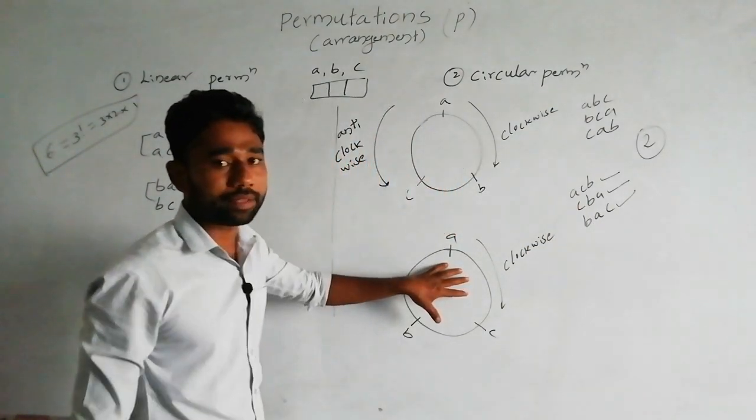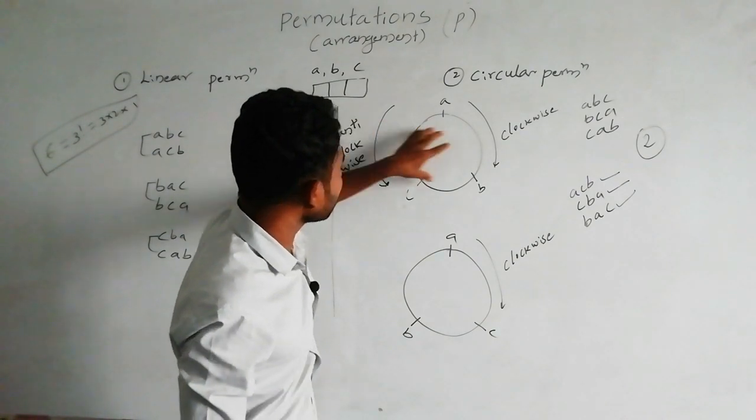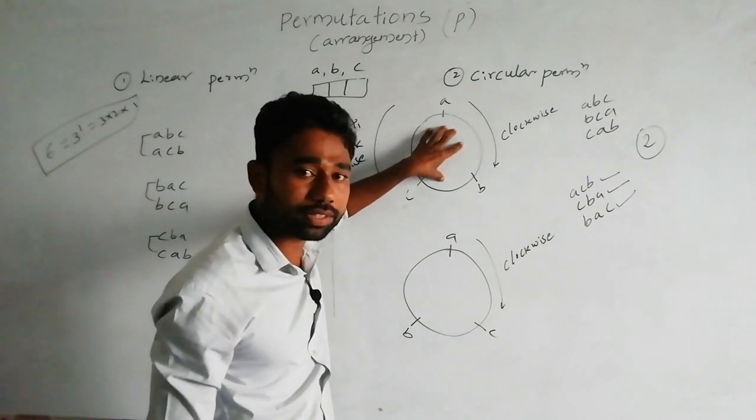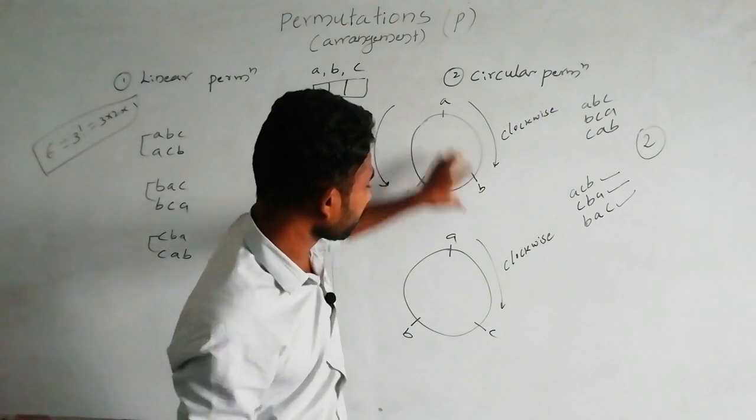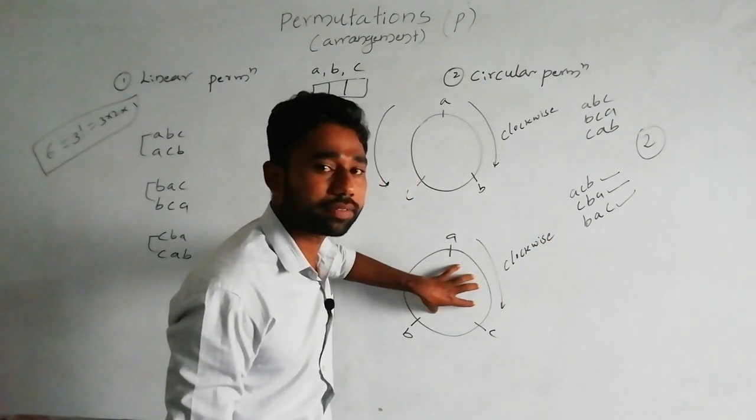So we have to understand this: the anti-clockwise of the first circular permutation is equal to the clockwise of the second circular permutation.